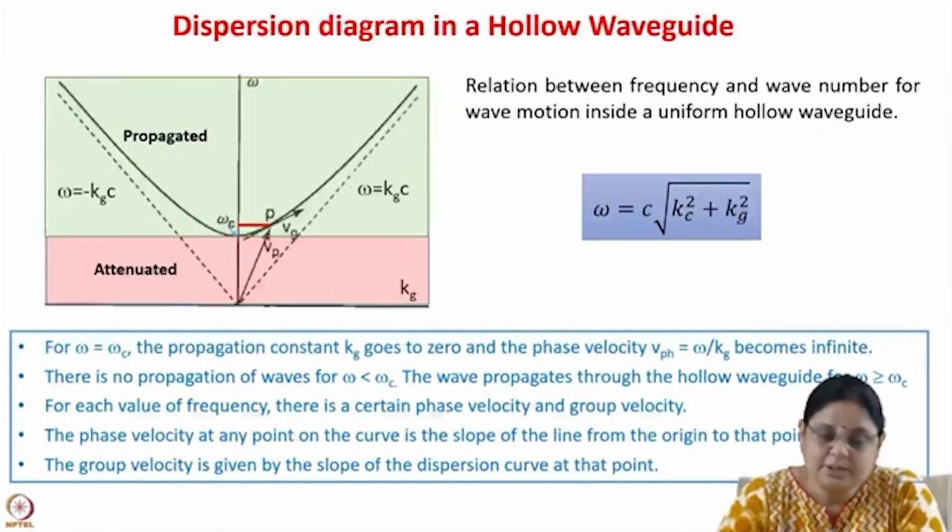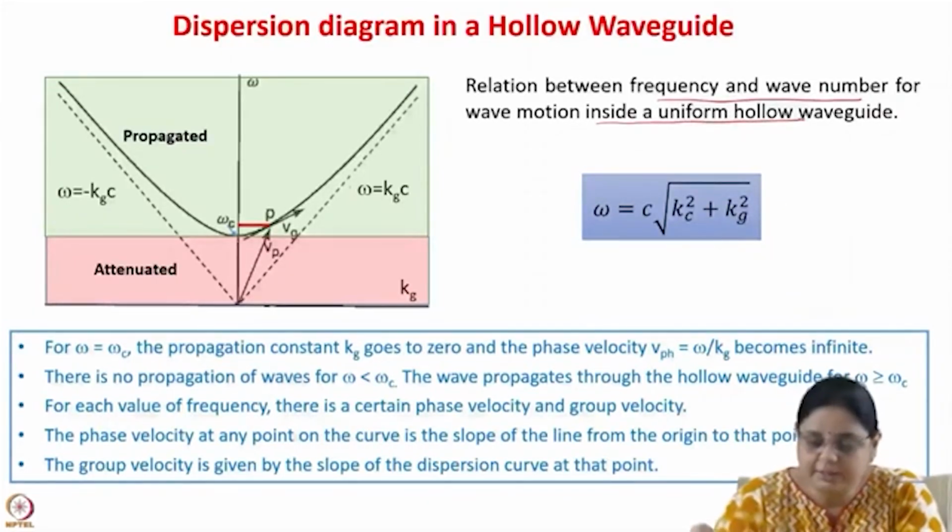Now let's see the dispersion diagram for a hollow waveguide. The relation between the frequency and wave number for wave motion inside a uniform hollow waveguide is given by this expression: omega is equal to c times the square root of kc squared plus kg squared.